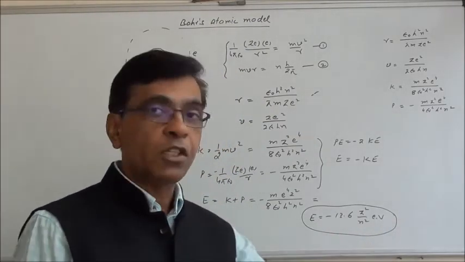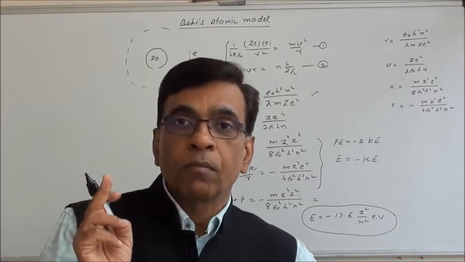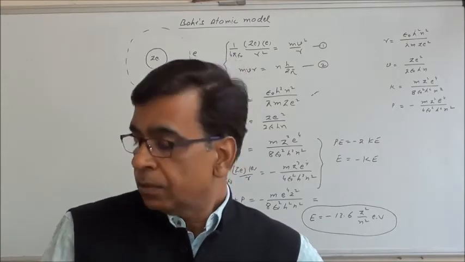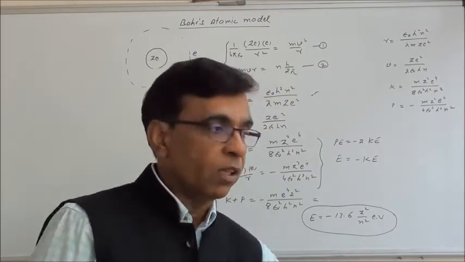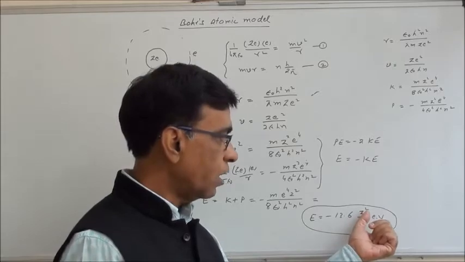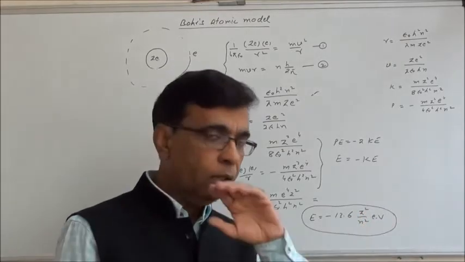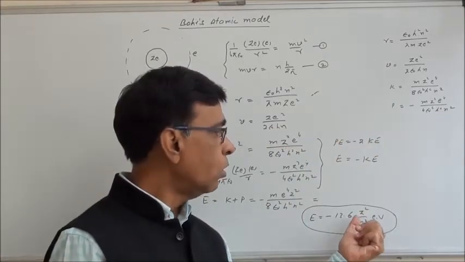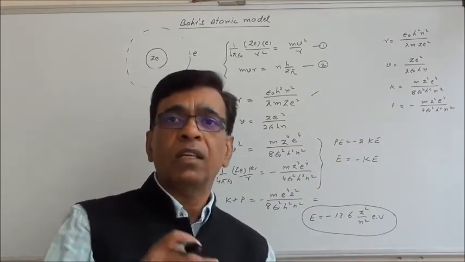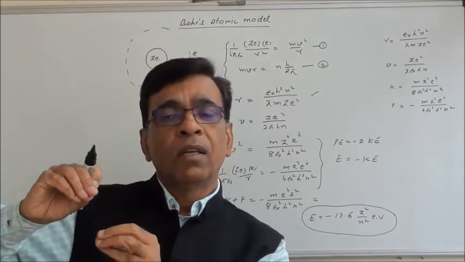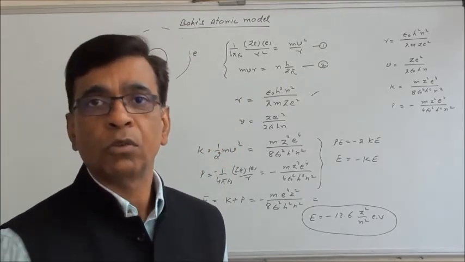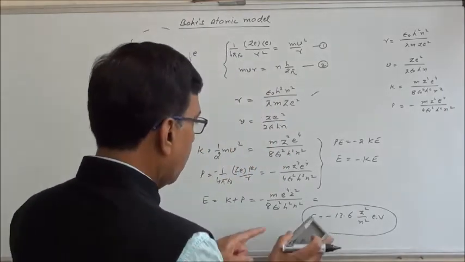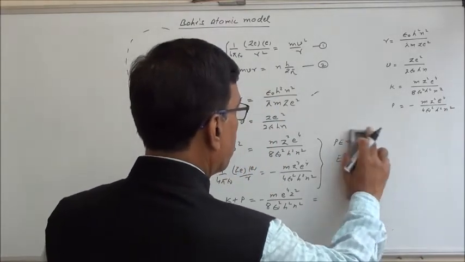So the total energy of one electron in its orbit around the nucleus is minus 13.6 Z square by N square. So when we talk about hydrogen, Z is 1, N is 1 for the first orbit, 2 for the second orbit, 3 for the third orbit. So you can see even the energy of the electron can have only certain discrete values. It cannot have all possible values. Okay, now using it, find out E2 minus E1.